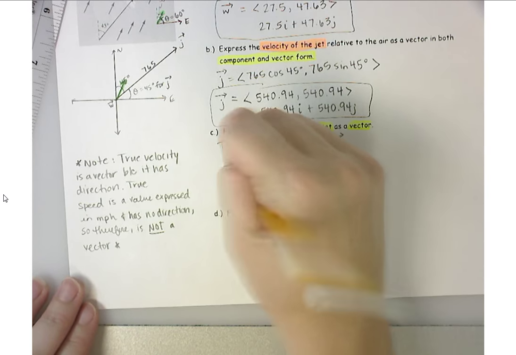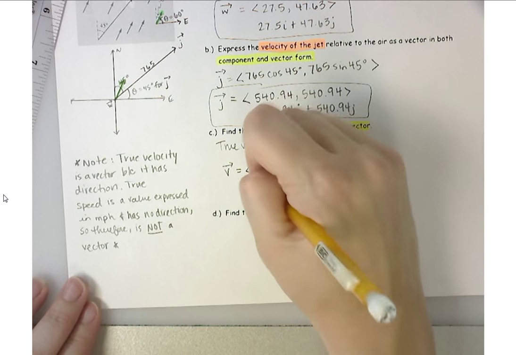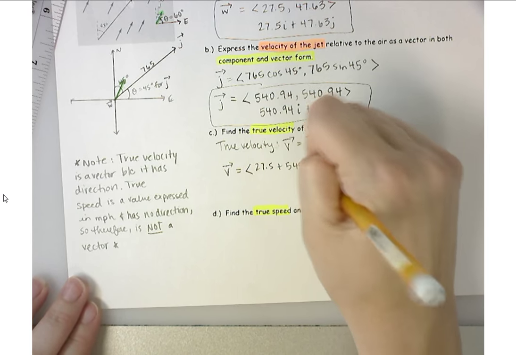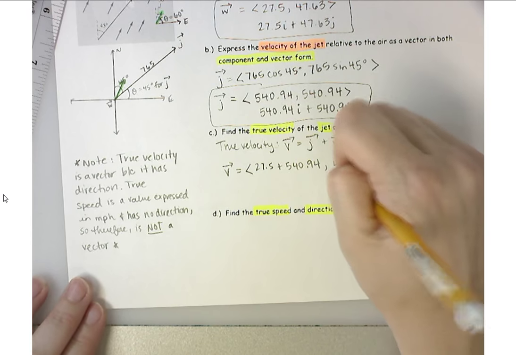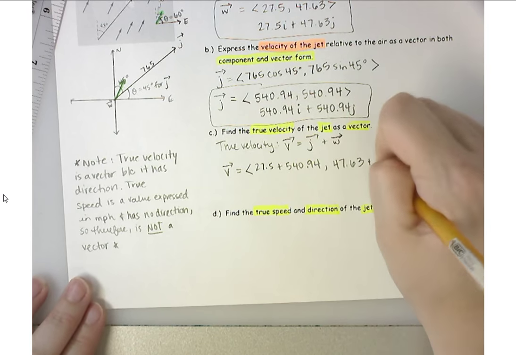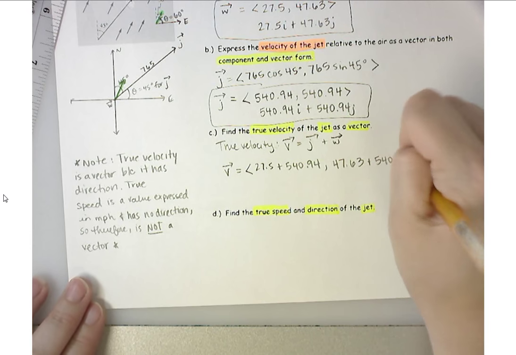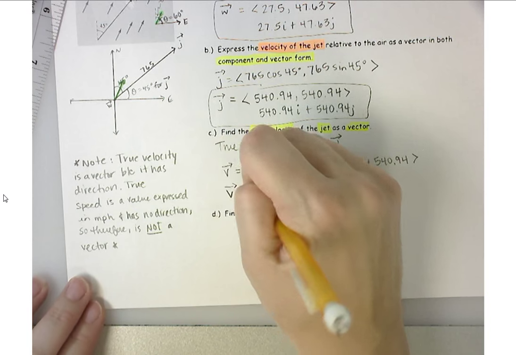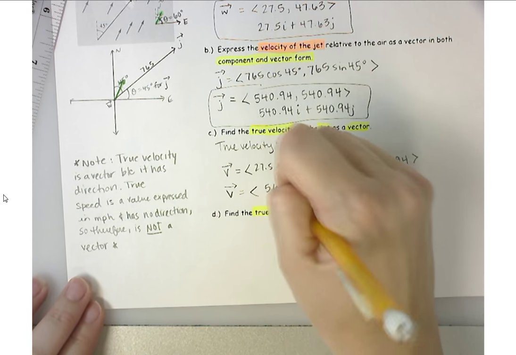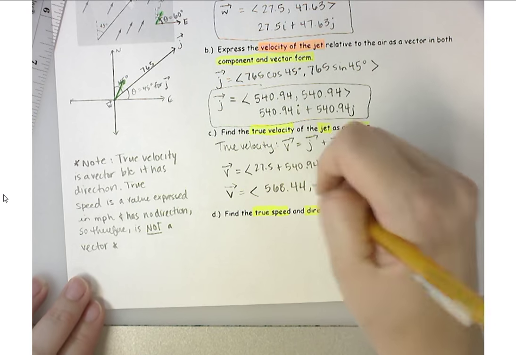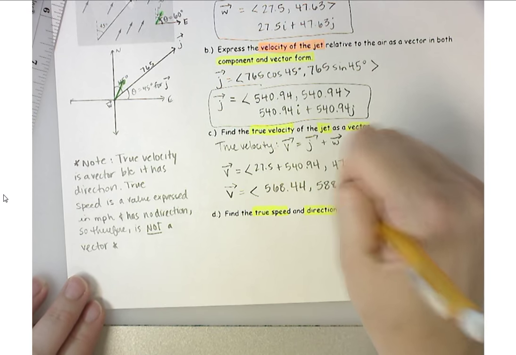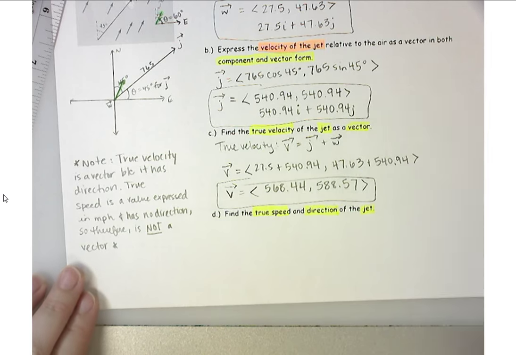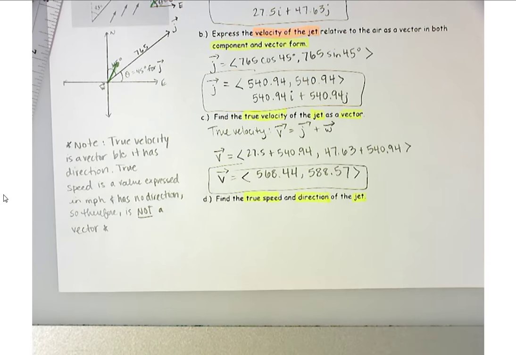Okay, so if you guys want to write out where this comes from, the 27.5 plus 540.94, you can do that. Okay, so when you're adding those together, you will get 568.44 and 588.57. And it just says to write it as a vector, so we only have to write it as a vector. Okay, we don't need to write it with i and j.